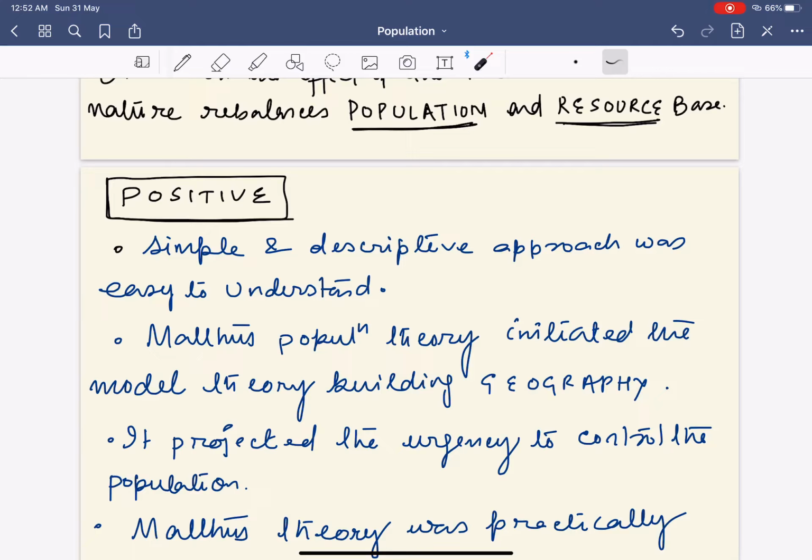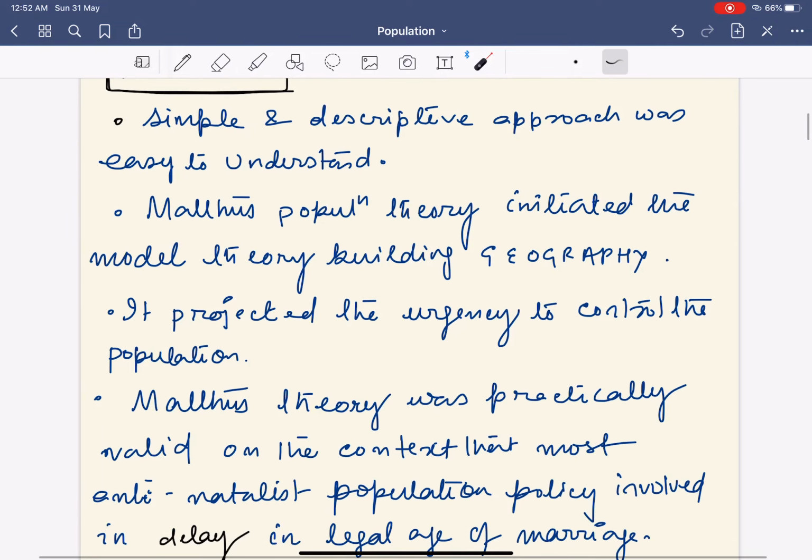I hope you can understand the model that we had discussed in that flowchart. That model was also one of the parts of the quantitative revolution. We will study the quantitative revolution in the coming class, but I just want you to know this.